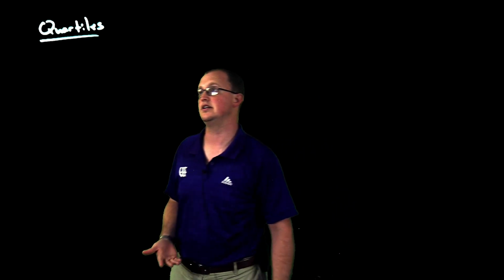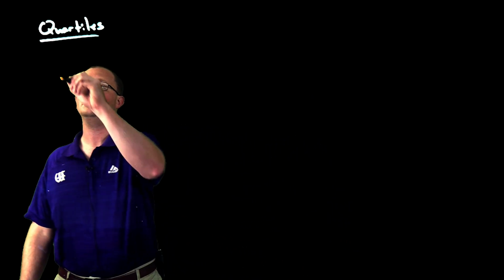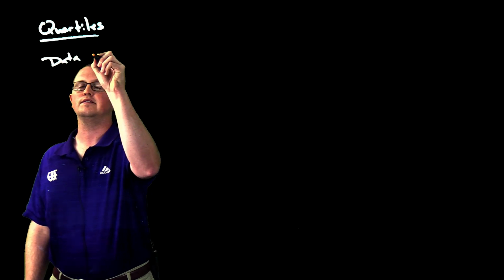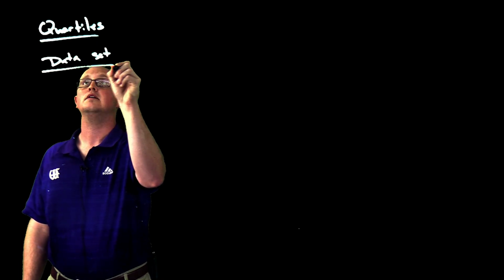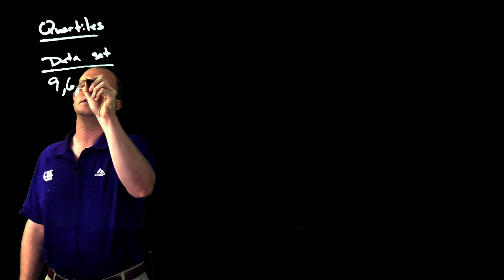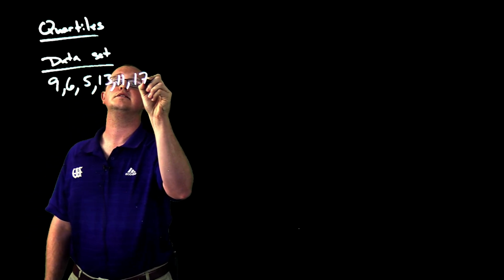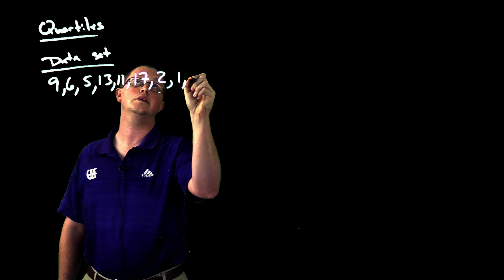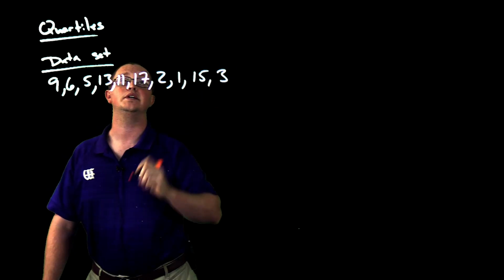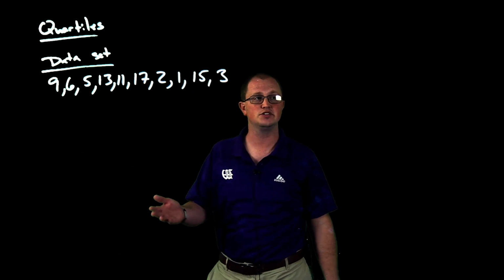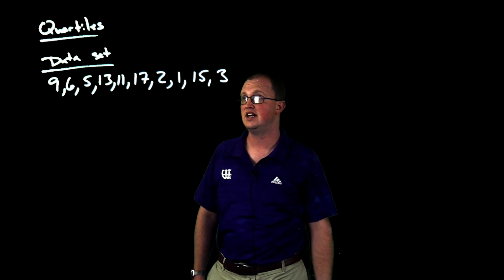So let's consider a data set where we have the following values: 9, 6, 5, 13, 11, 17, 2, 1, 15, and 3. So here are the values that we want to work with.